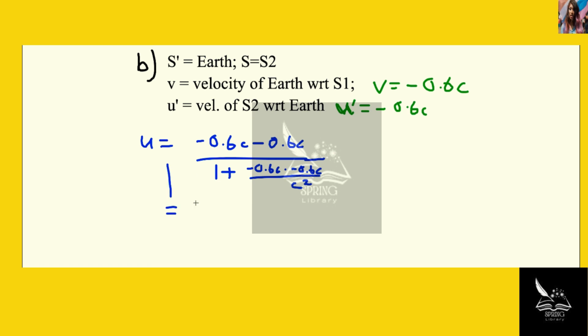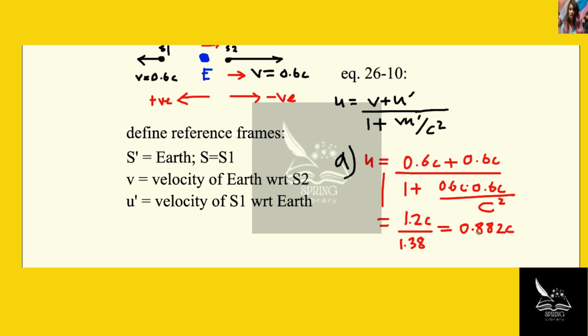And so what you get is negative 1.2 C over 1.38, which works out to, you guessed it, negative 0.882 C, which is the exact answer, just with a different sign as that in part A, meaning the velocity of one spacecraft with respect to the other one will be the exact same as that of the other one with respect to it, just in different directions, which is what we expect given this problem. And that's it.